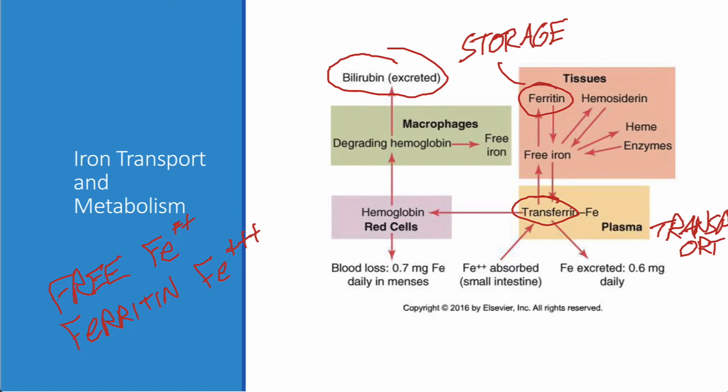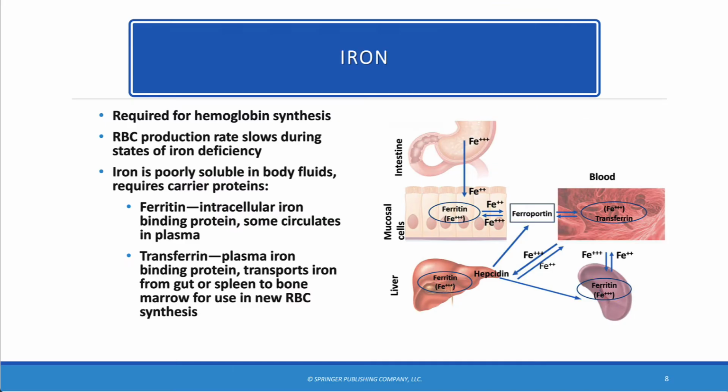So when we're looking for information about the rate of breakdown of red blood cells, as we would in hemolysis or hemolytic anemias, we look to the bilirubin to help us. Okay? So this is the iron information that you'll have to know.